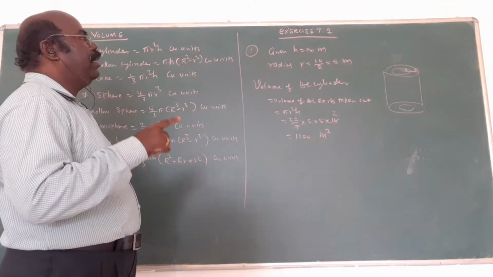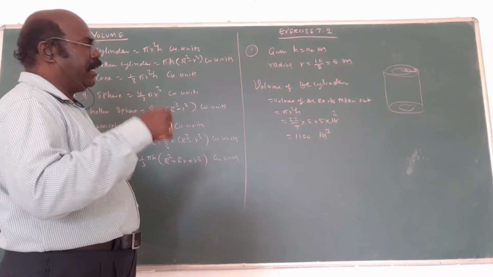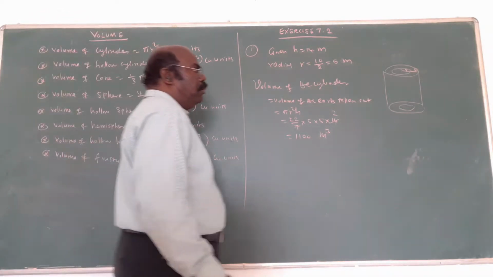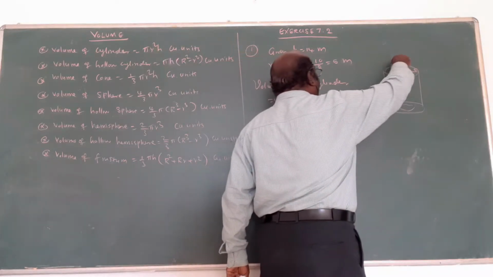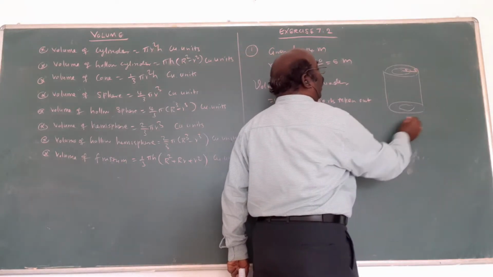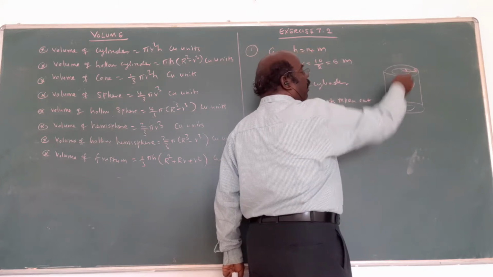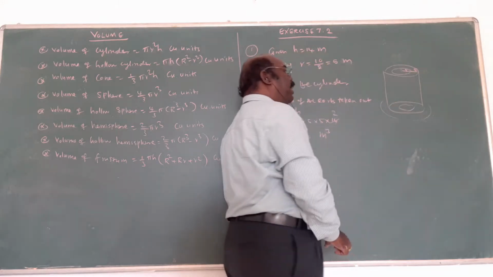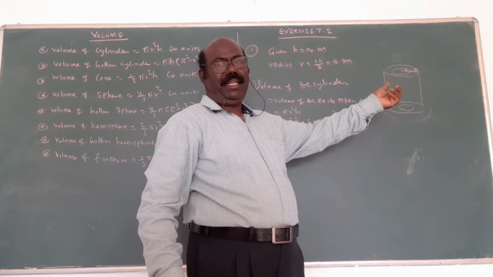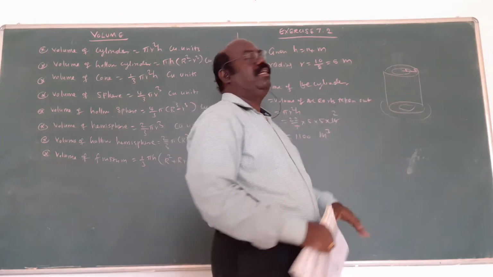Diameter given, from the diameter you find the radius, and then you find the volume of the cylinder. The earth is dragged outside and spread around the well. That means that also is in the form of a cylinder, in the form of a hollow cylinder.